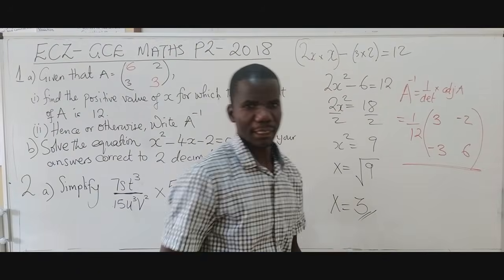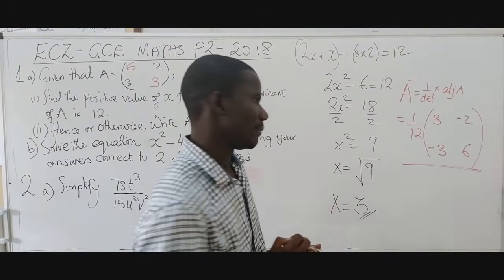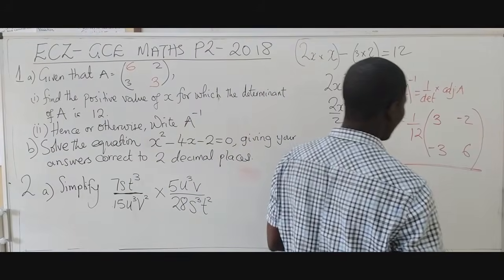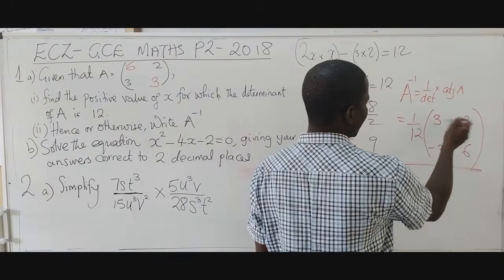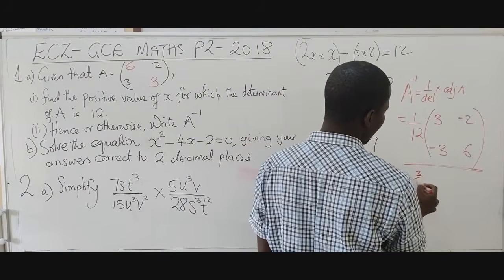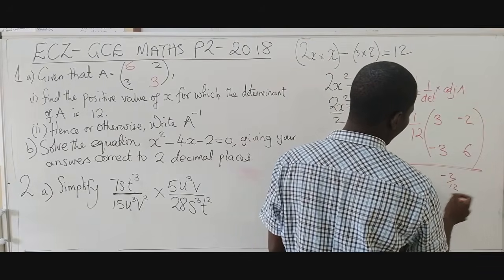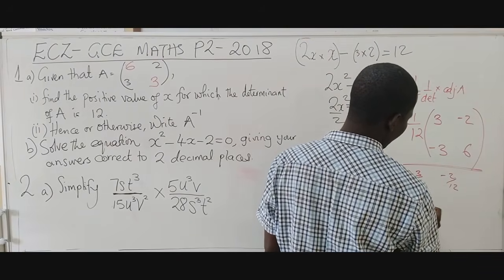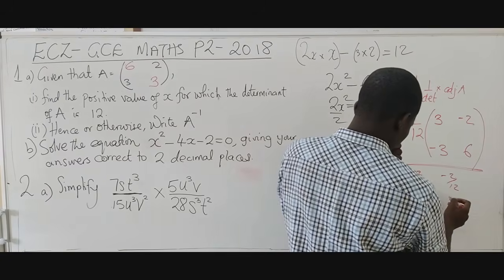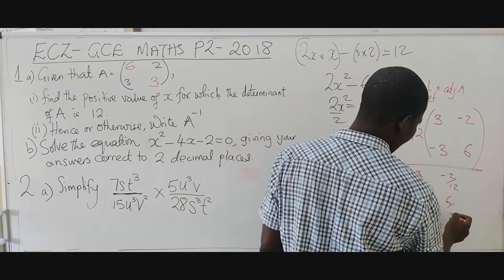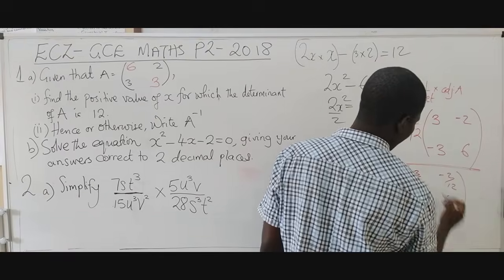This is our determinant. This is our inverse. But if you want, you can go further and simplify this. This is going to be 3 over 12, negative 2 over 12, negative 3 over 12, 6 over 12.